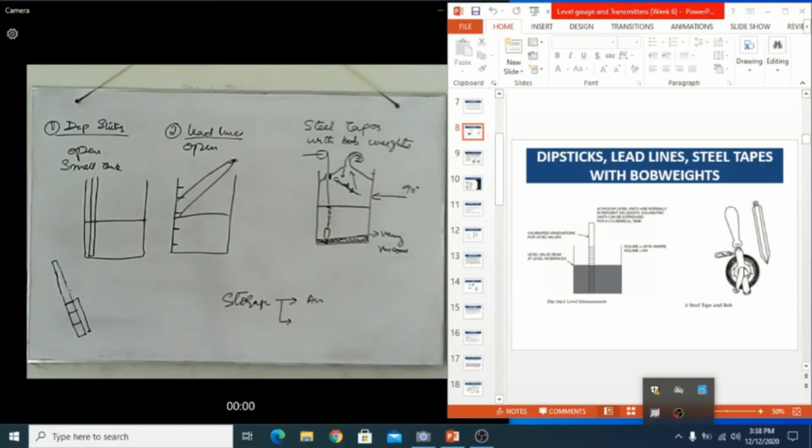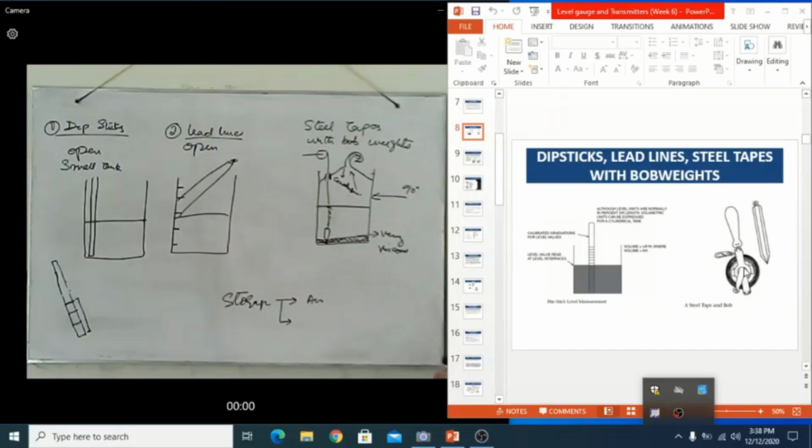Then your level reading will not be accurate. That means although greater material is available in the tank, you are measuring the wrong length of the material, because the bob tape will give you the wrong reading.